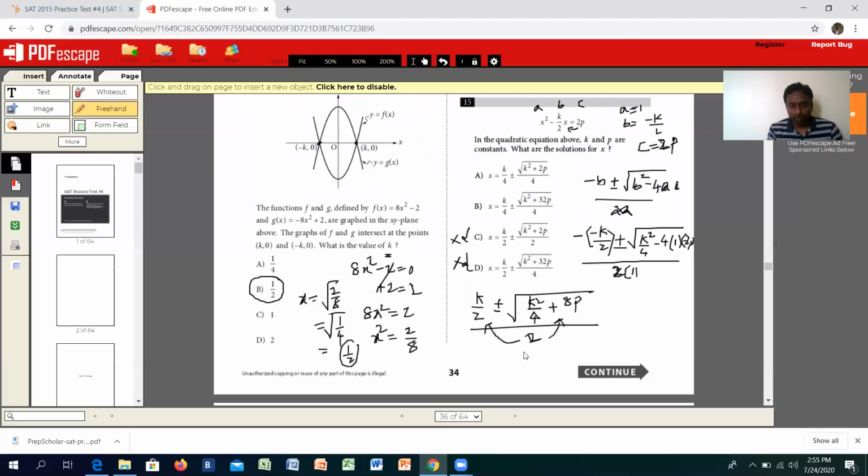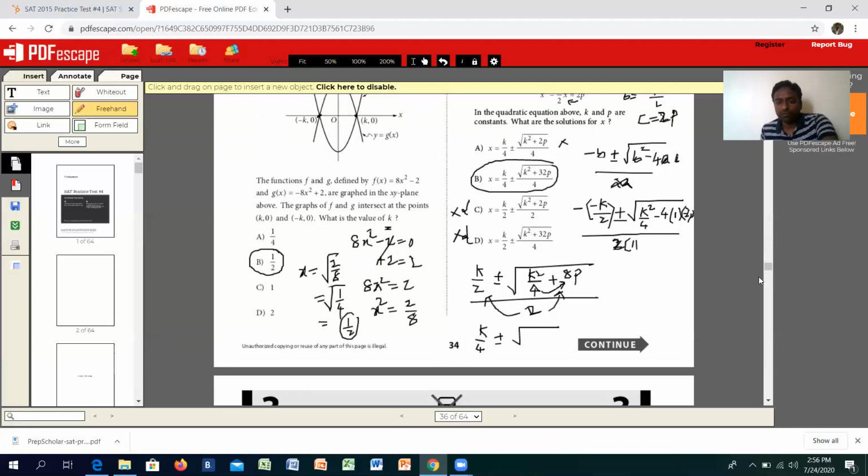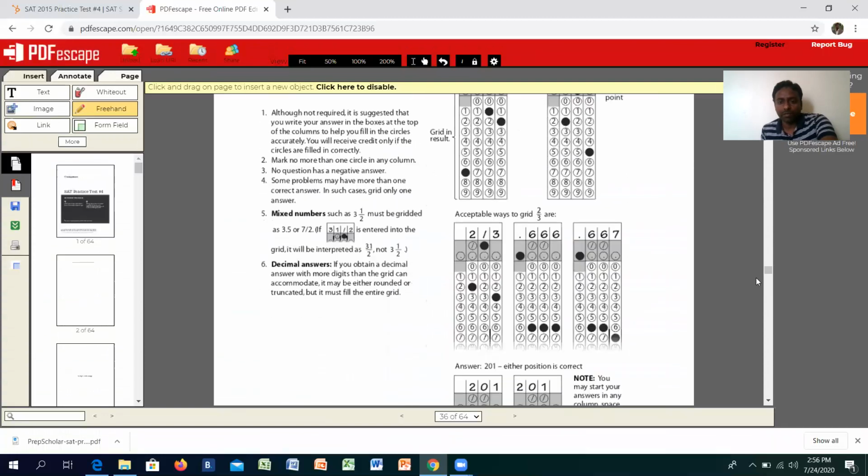So 2 by 2 makes you 4. Now you need to check k by 4 plus or minus, and 4 times 8 is 32, see 32. So it means option B is your correct option. Here you don't have to worry about this 2. The reason is this LCM, 4 times 8 is 32. So this rules out. You don't have to do the entire thing. You can make the conclusion there itself.